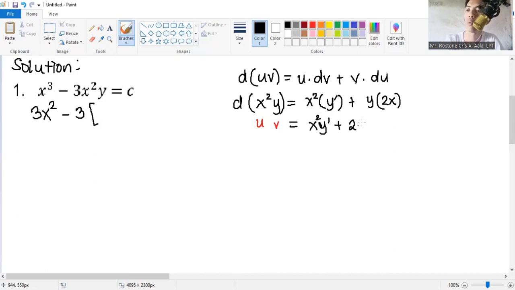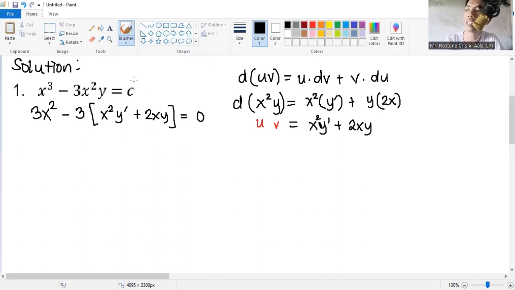Simplify this one, we have x squared y prime plus 2xy. So, ipa-plug in natin yung x squared y prime plus 2xy doon sa loob ng bracket. So, we have negative 3 multiplied by the quantity x squared y prime plus 2xy. And then, equals, the derivative of a constant c is 0. So, nakuha na natin yung goal natin, na-eliminate na natin yung ating arbitrary constant.